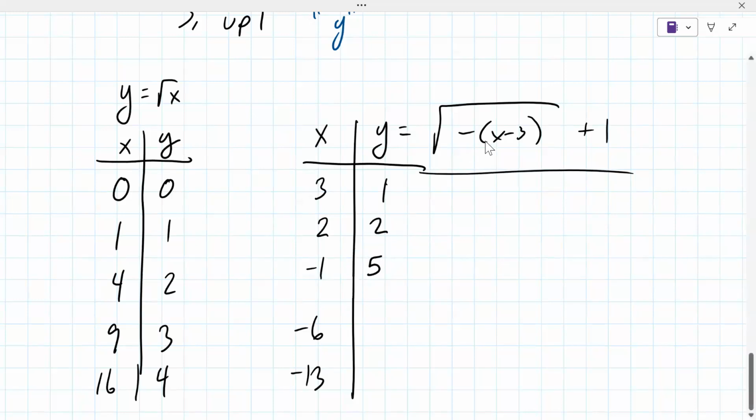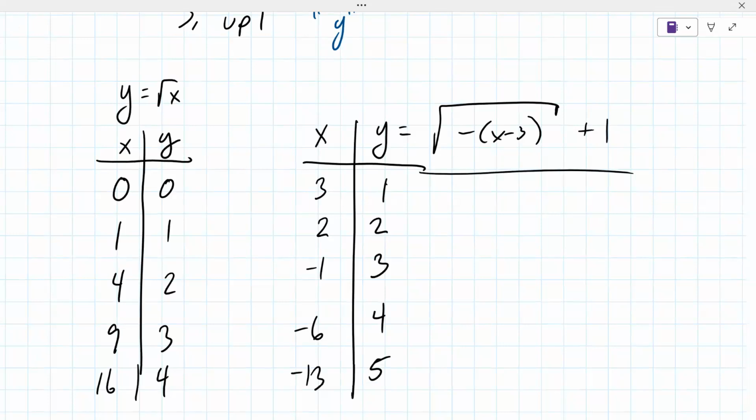Why is it 5? -1 minus 3 is -4, and then since you already have two negatives, they cancel out, and then you add one, and it's 5. What about the square root here? You got to do that first. Square root of 4 and then add the 1. Okay, so square root of 4 is 2, plus 1 is 3. Okay. And then -6, 4. You could see the pattern there.